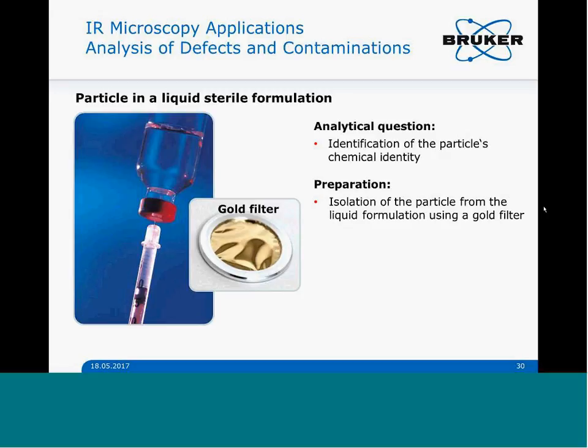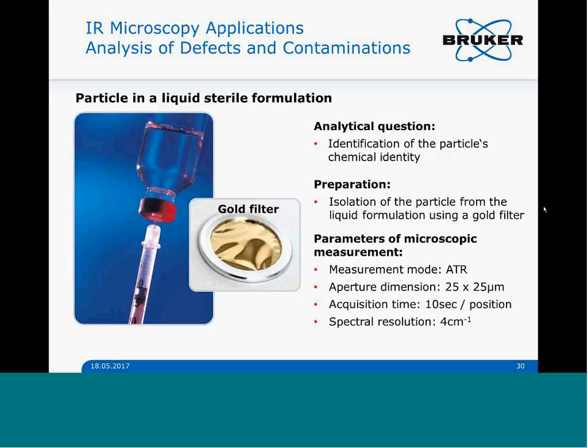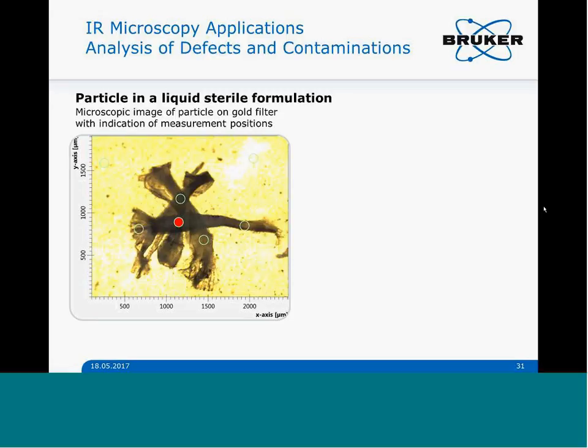You can easily see them there, then put that filter under the infrared microscope and do the measurements. This is an example: a small particle, 25 by 25 microns. This is how they look under the microscope.